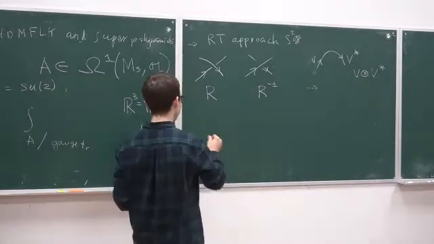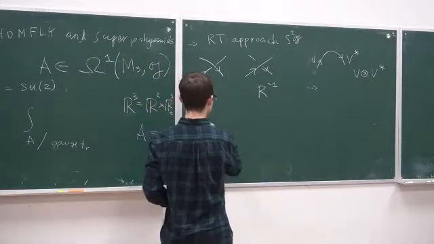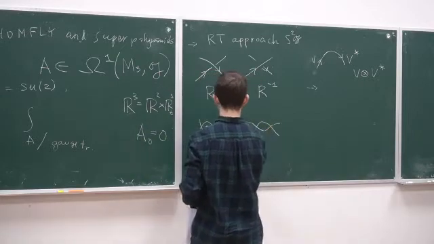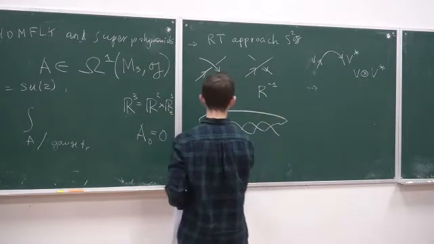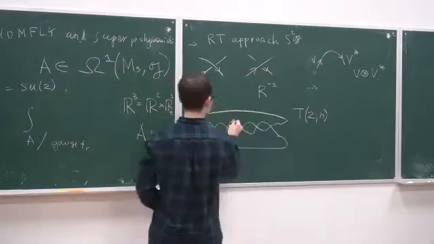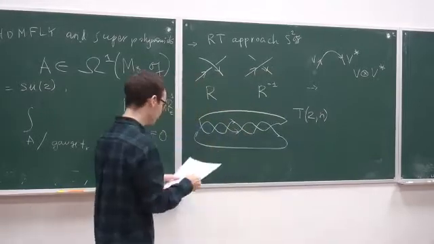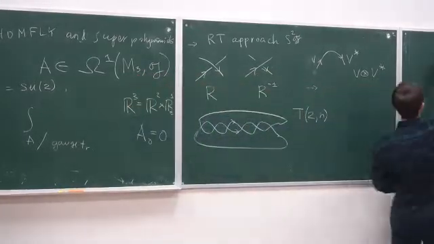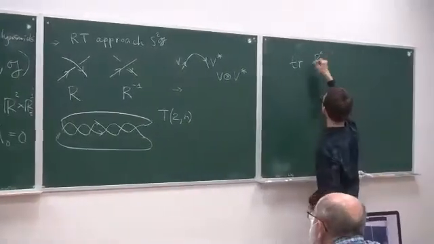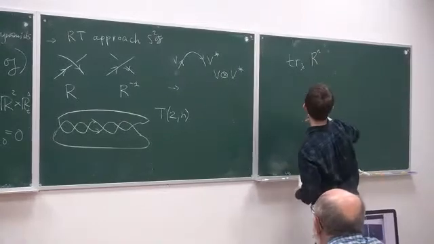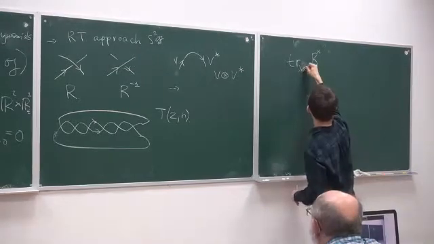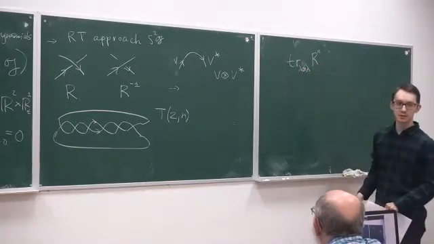For example, if we have the simplest possible knot, the torus knot T(2,n), this computation reduces to computation of the trace of the R matrix to the power n in the tensor product of these two representations.